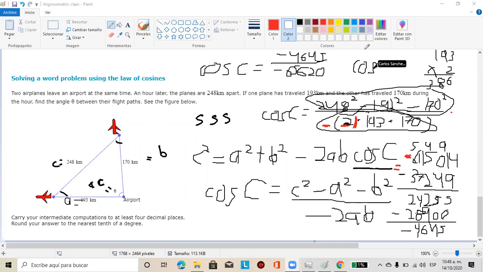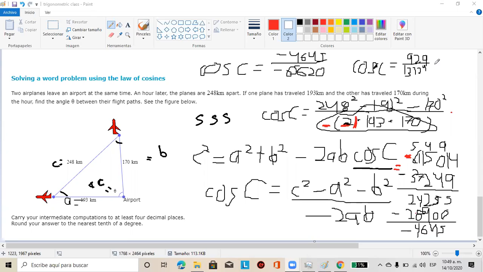This result, as you can see, gave me a fraction. If we want to turn it into a decimal number, it will give us 0.094.